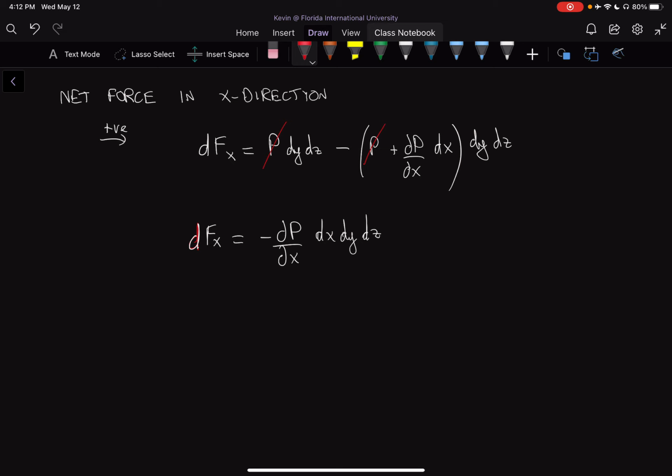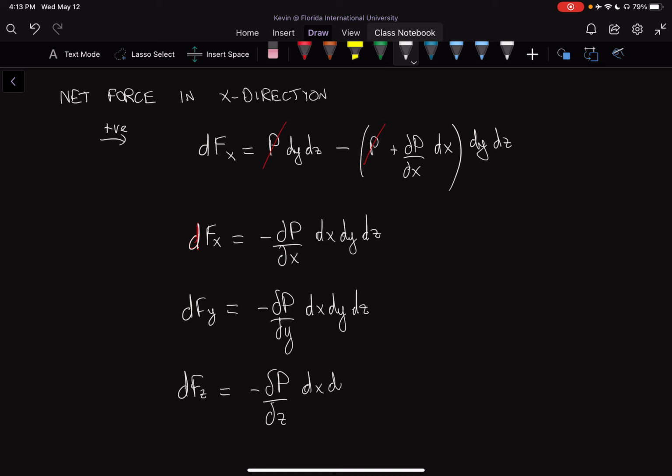If the pressure varies arbitrarily, we would get dFy is equal to minus dP/dy multiplied by dx dy dz, and then we would get dFz is equal to minus dP/dz times dx dy dz.